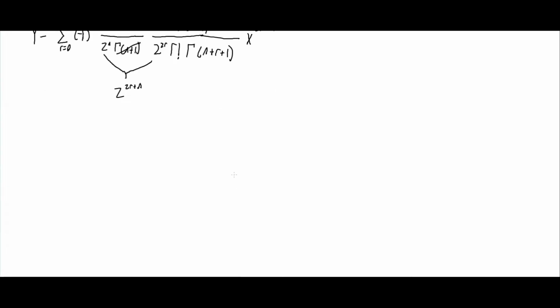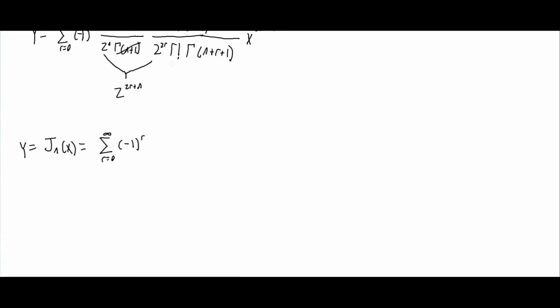So we can now write, and I will change y, so y equals, and this is the Bessel function, Jn of x equals the summation from r equals 0 to infinity of minus 1 to the r power.